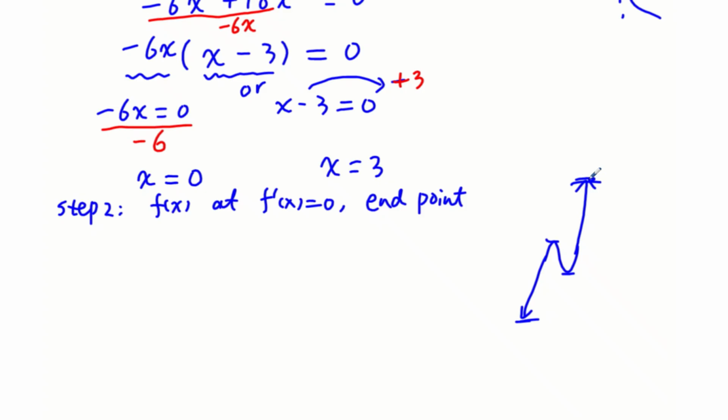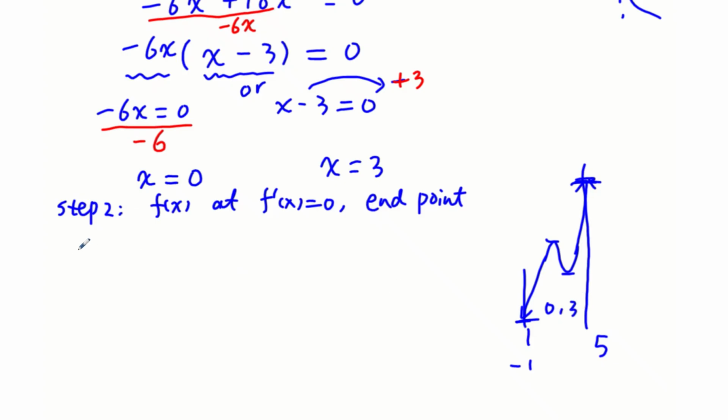Although f prime is not 0 there, they may be the absolute maximum or minimum. So the interval is -1 to 5, and the other 2 points are 0 and 3.